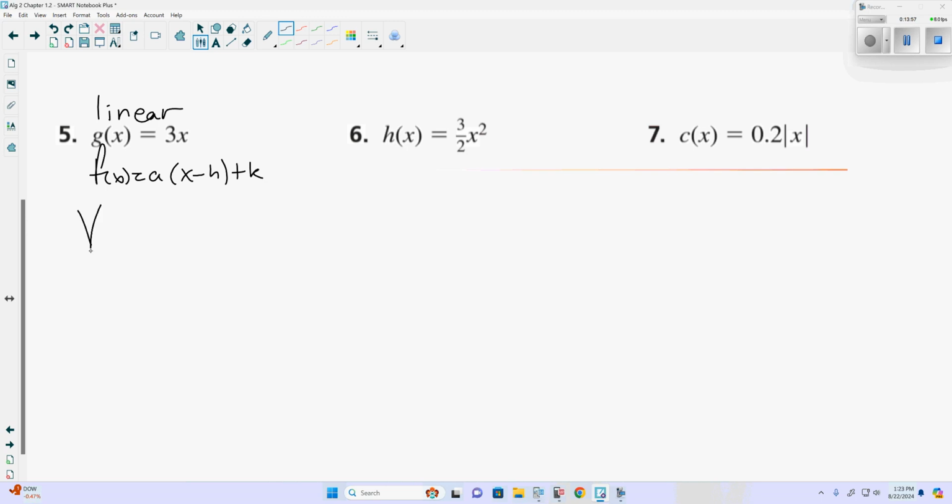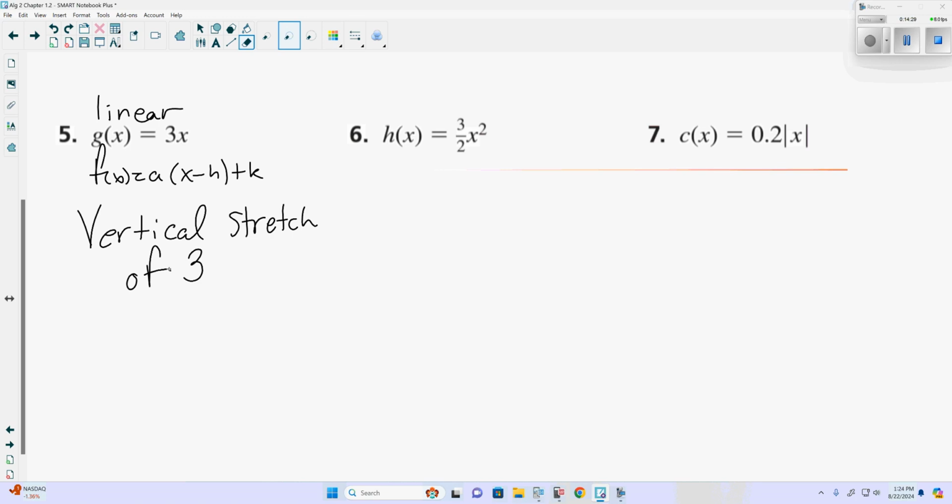Well, the only spot we have a number that deviates from the parent is the 3, yes? And that takes the place of A. So it's going to be a vertical stretch or shrink. And it's going to be a vertical stretch. Because it's just asking for the transformation.